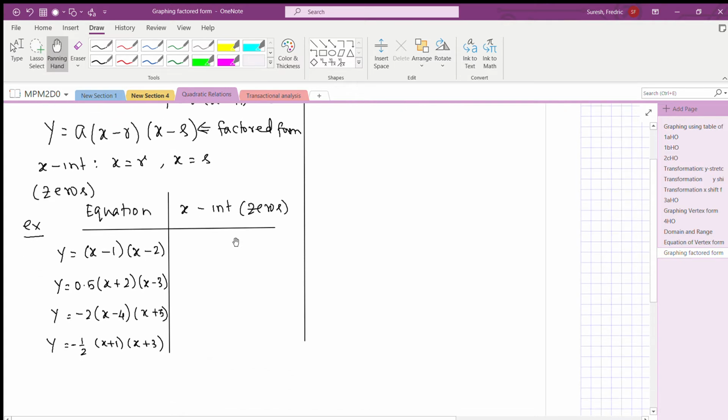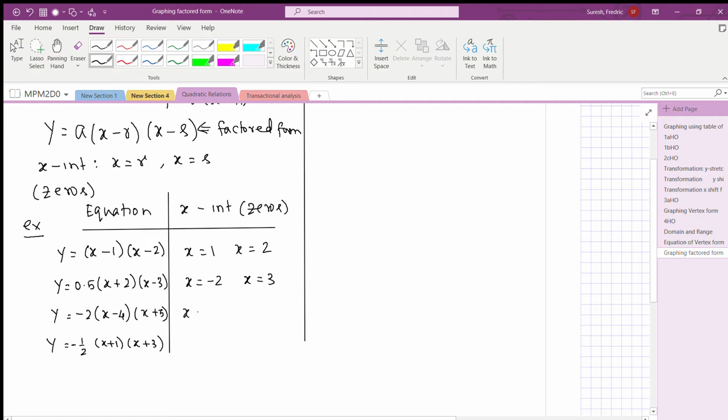So in this example below, if you have a factored form x minus 1 and x minus 2, the x-intercepts are 1 and 2. In the second example, you will have x equals negative 2. See how the sign changes, and again, see how the sign changes.